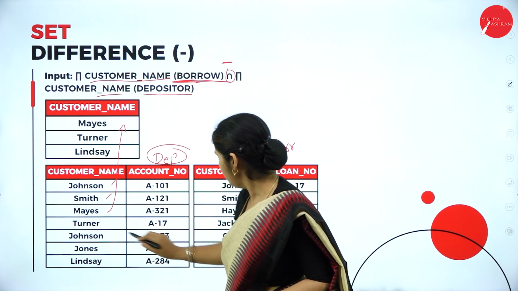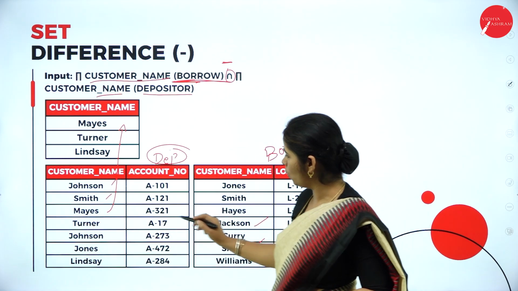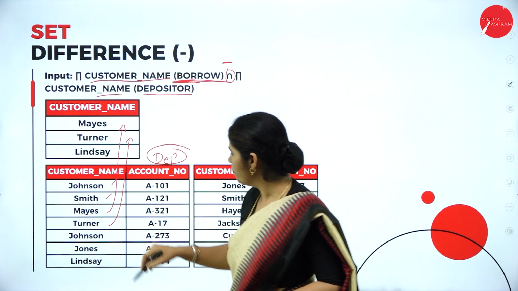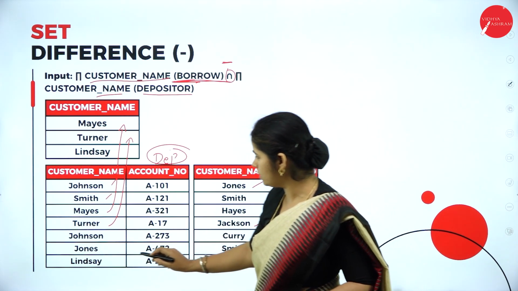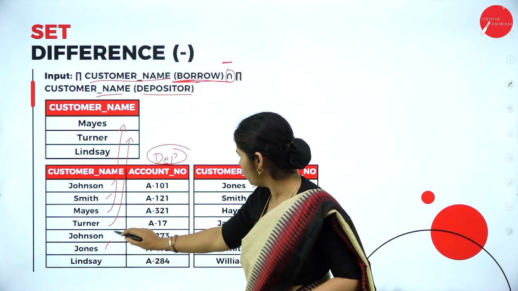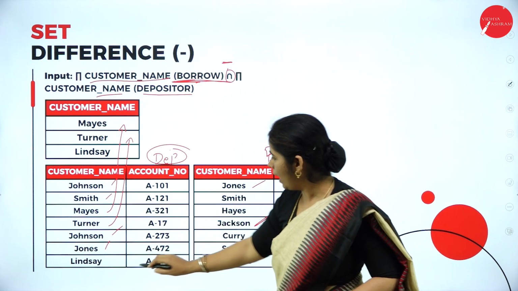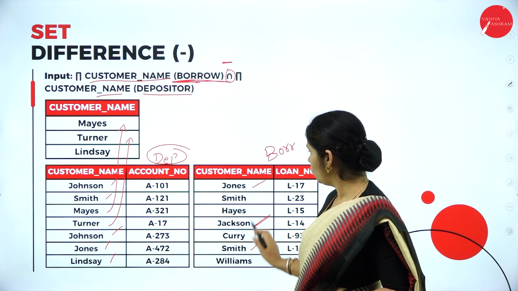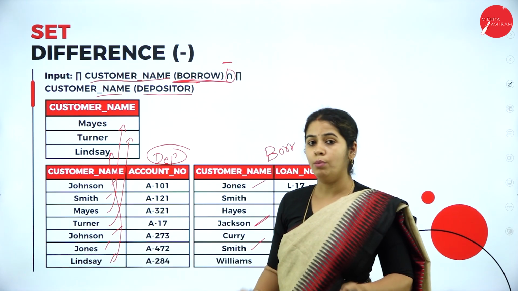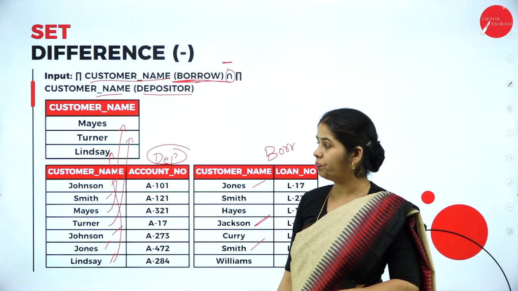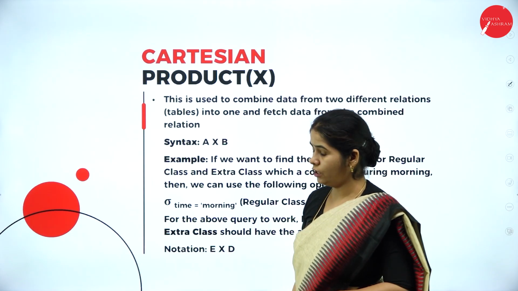Then Turner is present in the second table, not in the first, so it also goes here. Jones is present here, and John is also present; we have already done John. Lindsay is present here, but not in the other table, so it goes in the result as well. Understood?